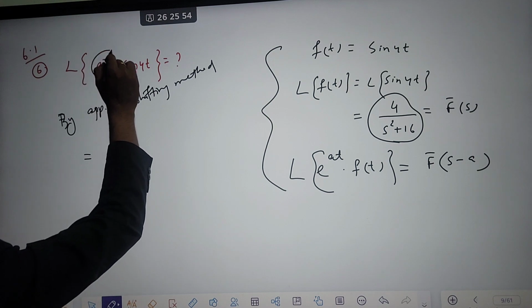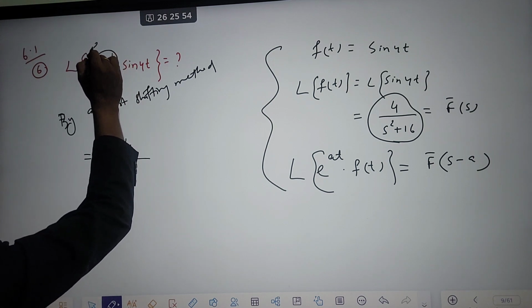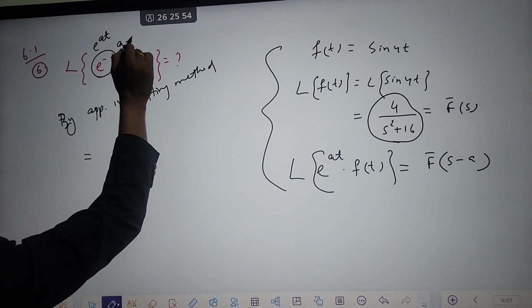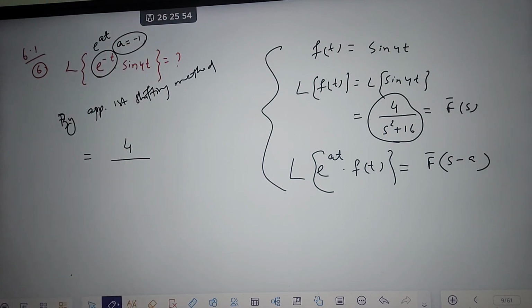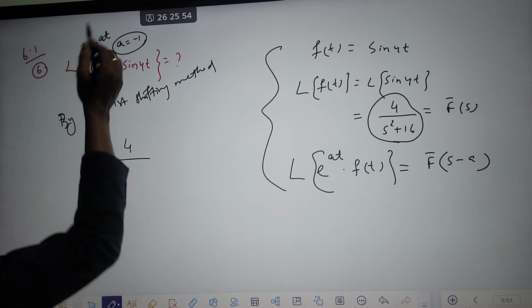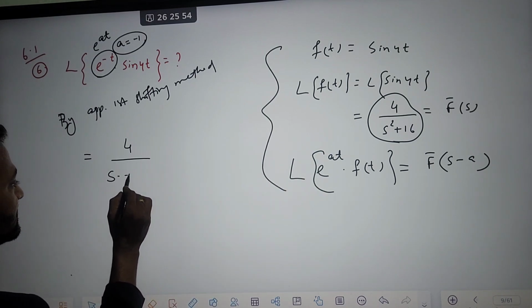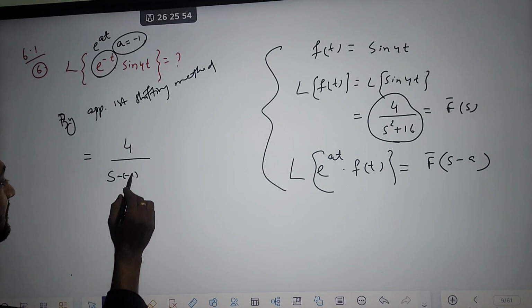इधर क्या है? e टू दी पावर माइनस टी, मतलब e टू दी पावर at के साथ कंपेयर करो. सो a क्या है इधर? a is minus 1. So if it is minus 1 then क्या होगा? s minus of minus 1. Getting my point?